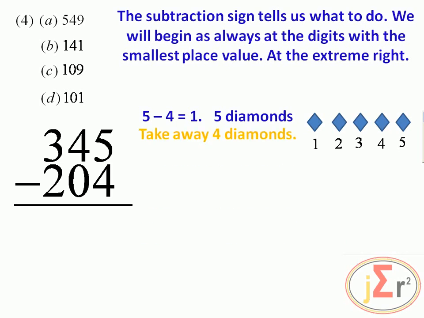Take away 4 diamonds. So when you take away 4 diamonds, what do you notice? 1 is left. Only 1 is left. So 5 minus 4 is equal to 1. There is 1 diamond left.